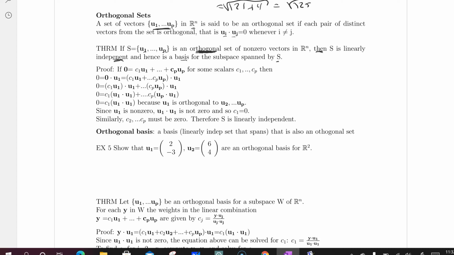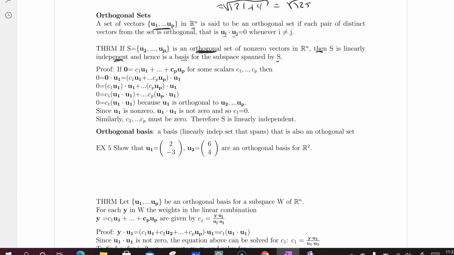So here's a little bit of a proof. Let's just say I have 0 as a linear combination. Oh, that should not be capitalized, right? That's a constant c. So 0 can be written as numbers times all these vectors in the set.